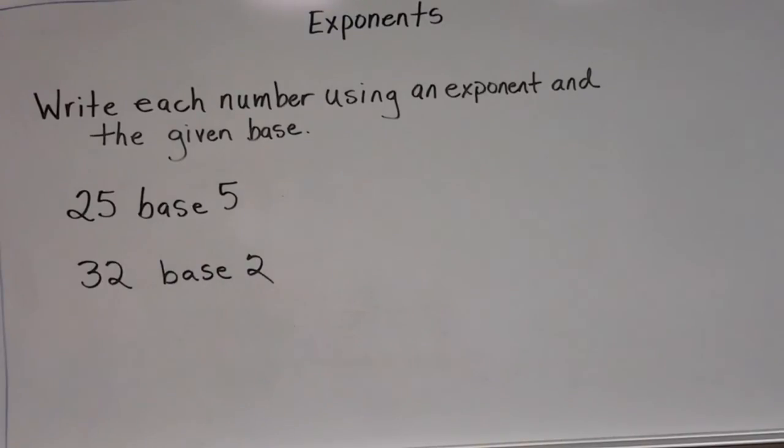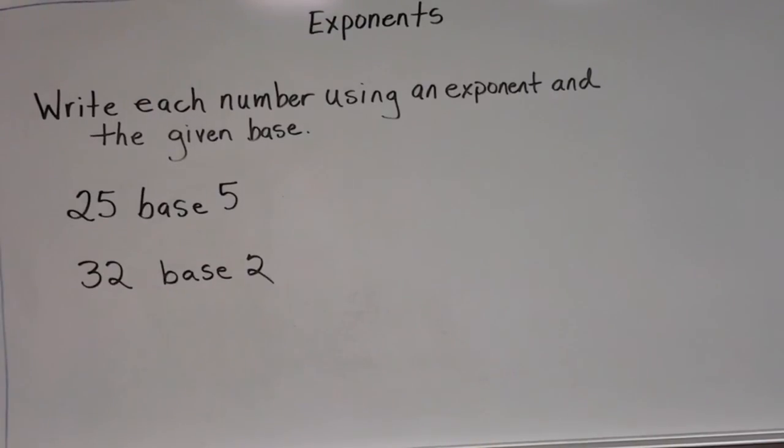Now, here's 2 more problems written with these same directions. You try to work them out. Remember, what you're looking for is how can I write that number as 5 to the some power or 2 to the some power to equal the numbers they gave me. 5 to the what equals 25. 2 to the what equals 32.